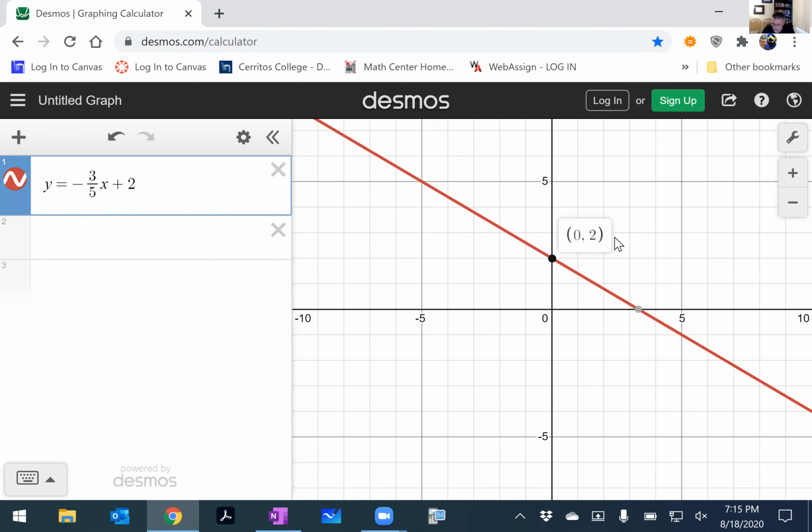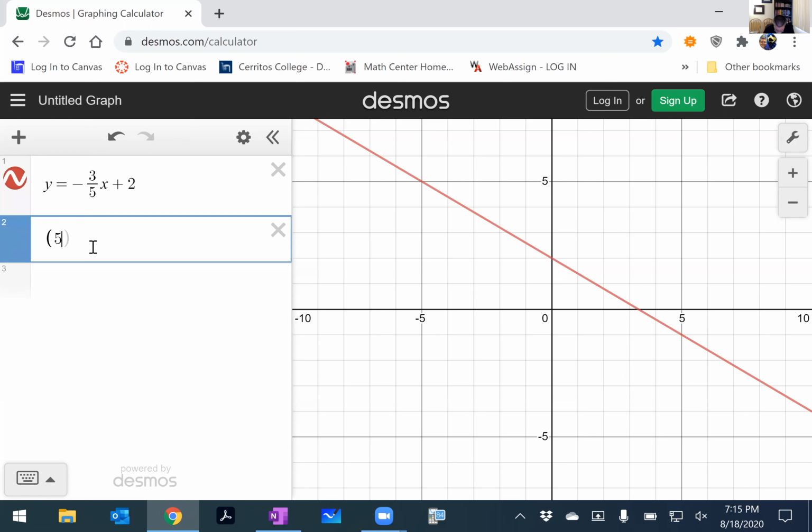We also had a point here, which you can see is at 5, negative 1. If I hover on it, it's at 5, negative 1. That's another point, and maybe I'll just graph that point, 5, negative 1.